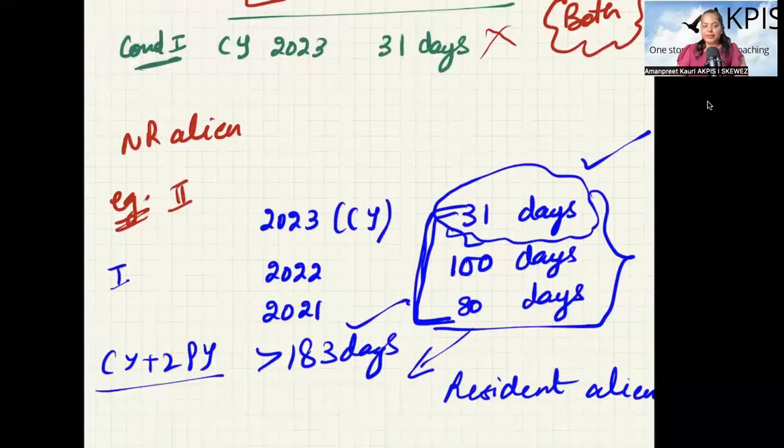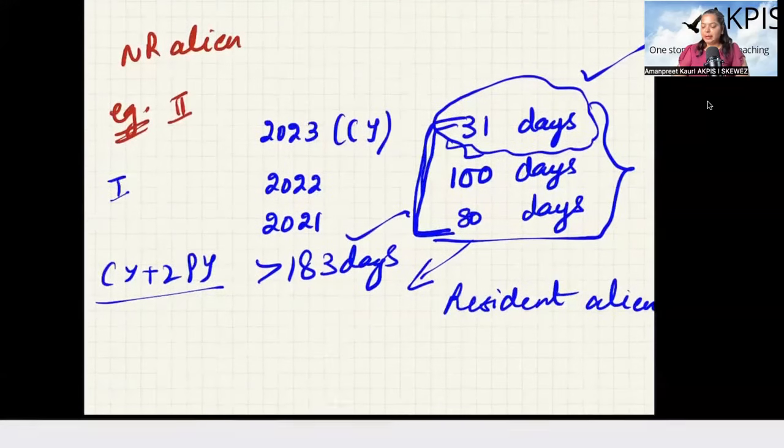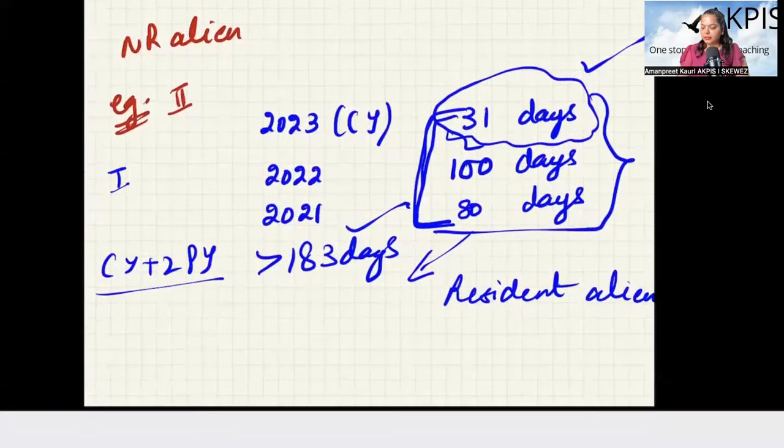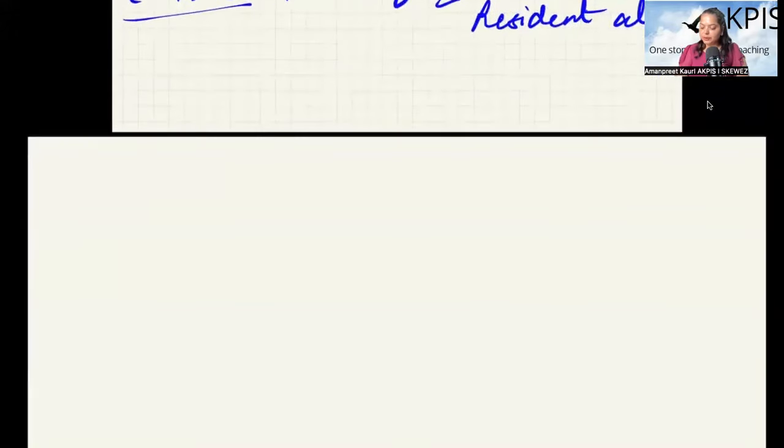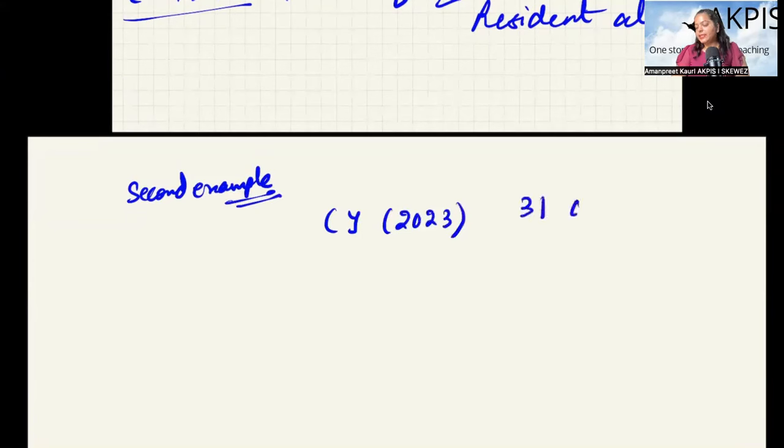But let's change the example a little bit. Let's say the third main example: he is there in the current year, 2023, for 31 days. Is condition number 1 satisfied? Yes, it gets satisfied. So do we need to check condition number 2? Yes, because condition number 1 is satisfied.